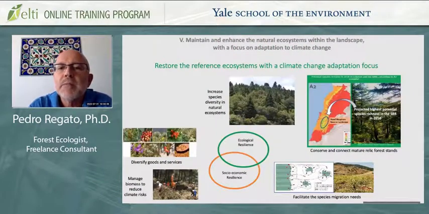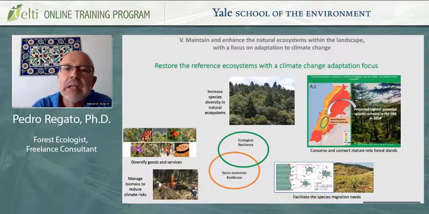In terms of the maintenance and enhancement of the natural ecosystems within the landscape, the project had a focus on adaptation to climate change, as I already mentioned, and mainly defined the following type of interventions: to increase the species diversity in the natural ecosystems.